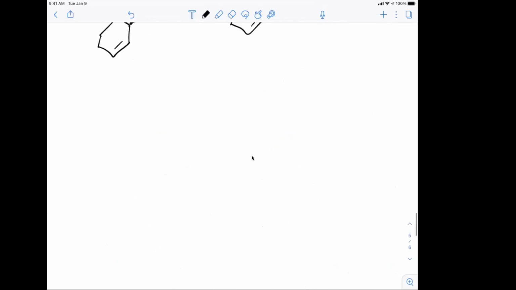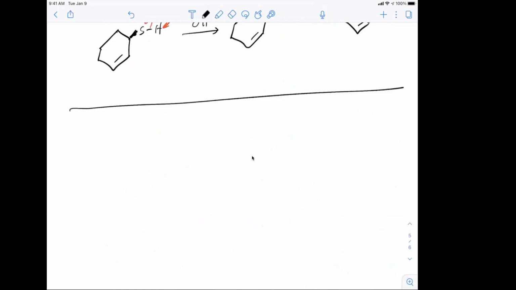Now, reactions of sulfides. One of the first reactions of a sulfide is just as a nucleophile.